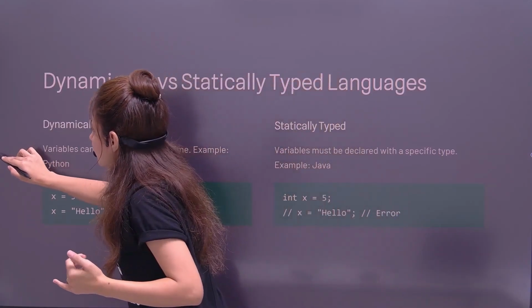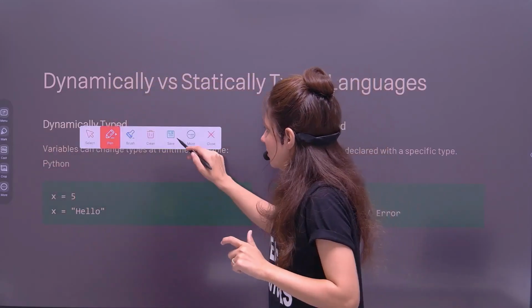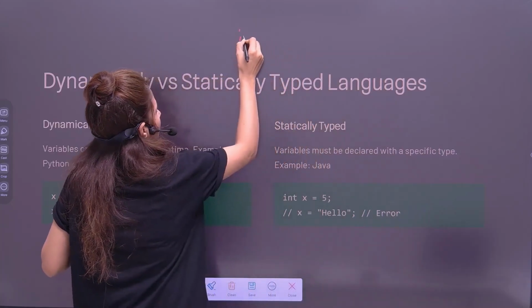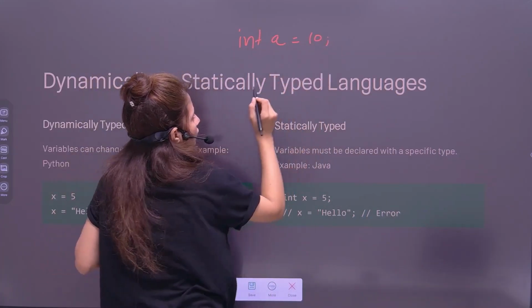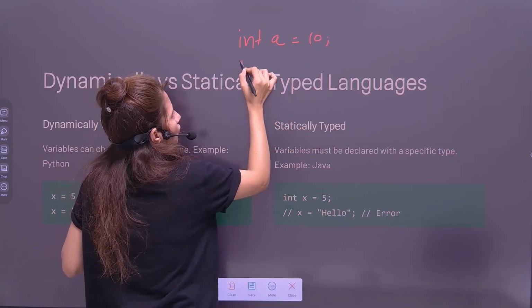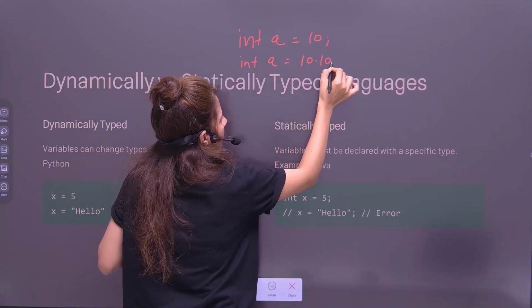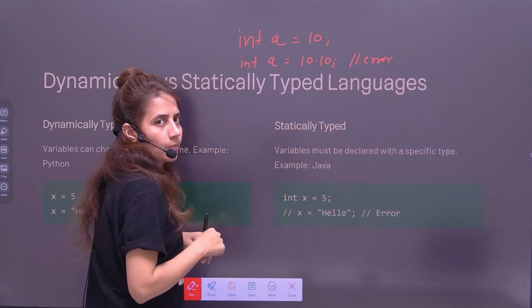I'll give you a brief intro about these, because you should know about them. We have written int a is equal to, suppose, an integer value. If you want to store a float value in int a, like 10.10, it will give you an error.